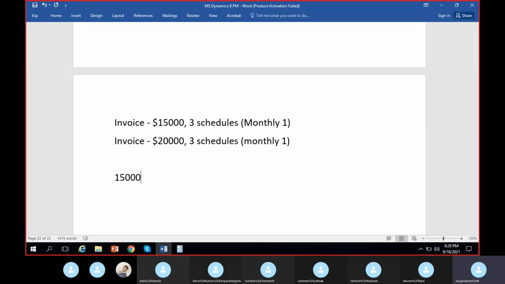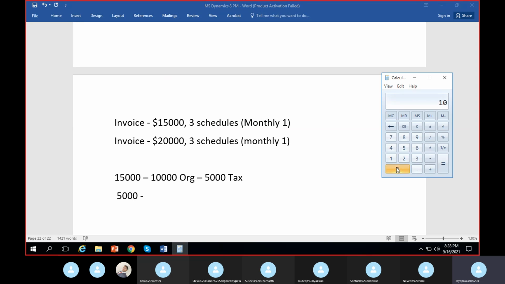Within this 15,000, 10,000 is original amount and 5,000 is tax, just for example. If I divide it by 3 schedules, every month I have to pay 5,000. So in this 5,000, the 10,000 will be divided by 3 and the 5,000 also will be divided by 3.